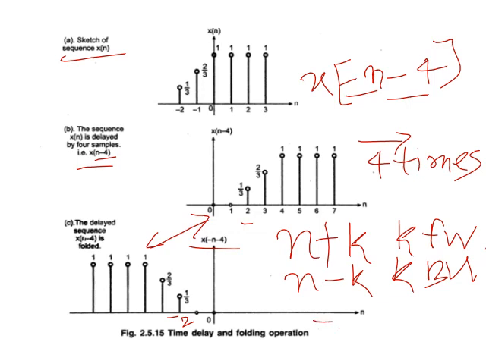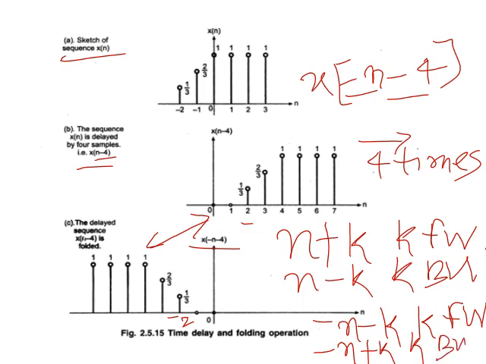Similarly minus n minus k: see here, backward, but k times now forward because we are in the mirror, and minus n plus k times backward. This is the case for this. So this is a very important concept. n plus k times forward, n minus k times backward, minus n minus k times forward, minus n plus k times backward. These 4 lines are very important. Okay.